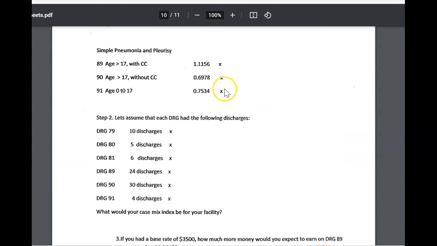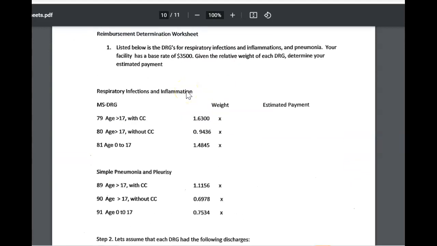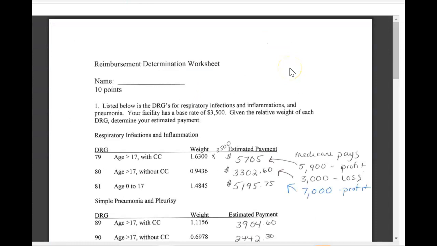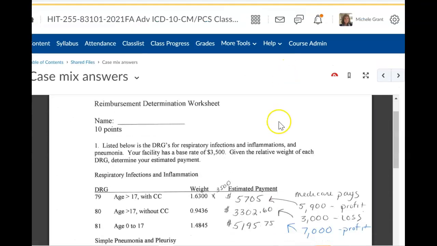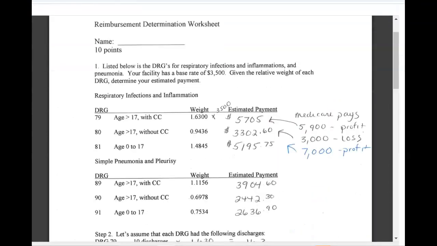Okay. But this page here is pretty much the same thing, just different numbers. So with that, if you want to do the first few here and then come back, compare your answers, or listen to me on the first couple, come back, compare your answers, that works too.